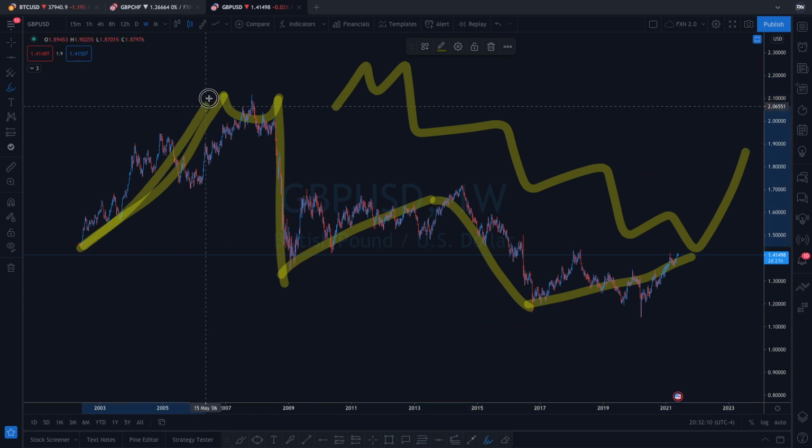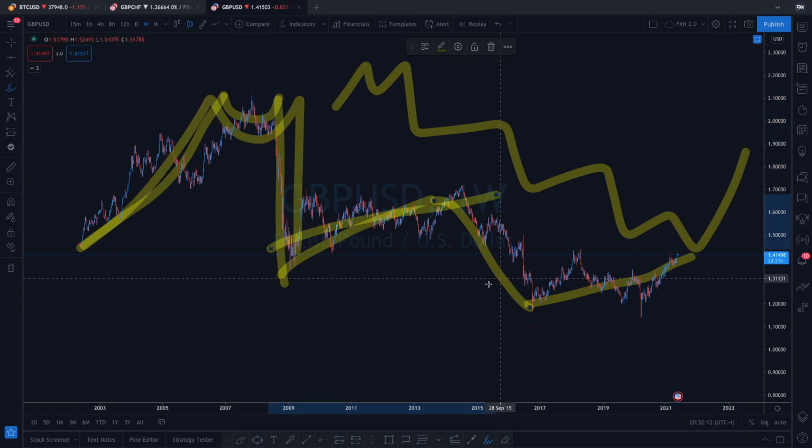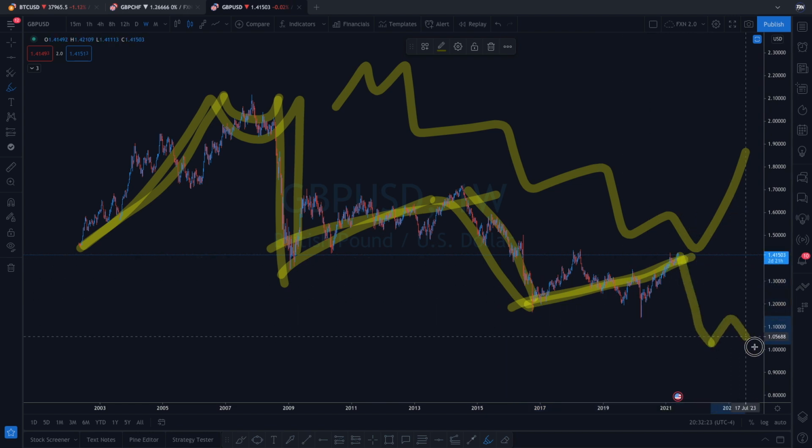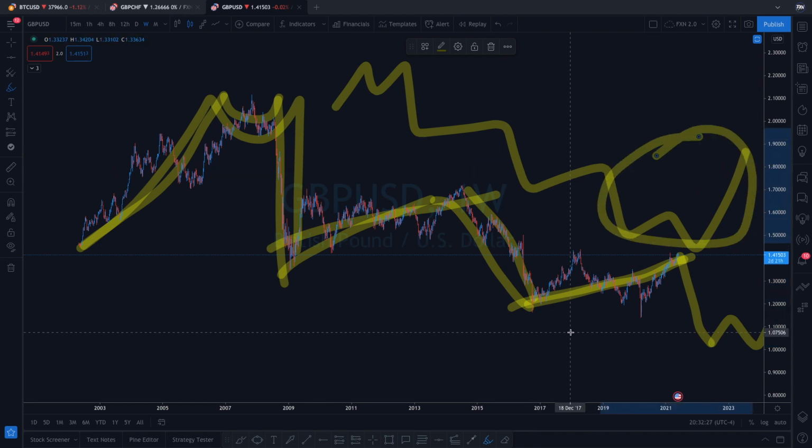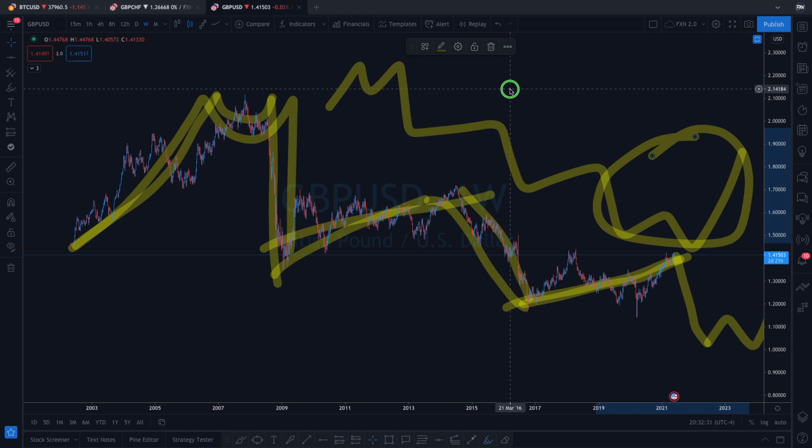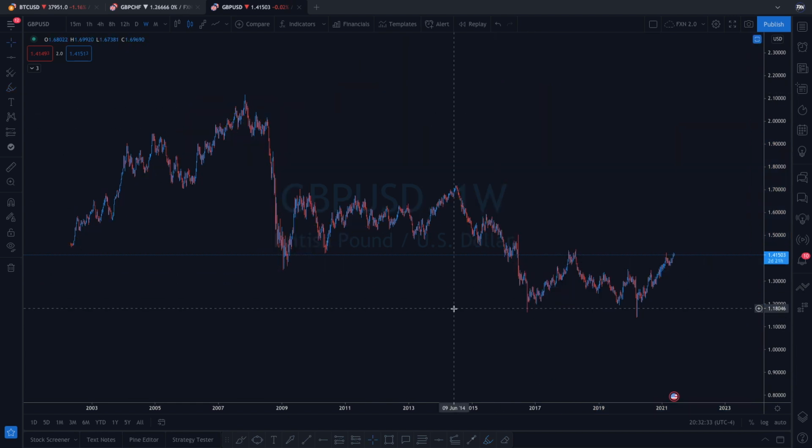Here's your M, here's your level 1, drops down, here's your level 2. What do we have left to do still on this? We still have this and that to do, right? So we have basically this part left. Okay, so that's where we are on the weekly chart.